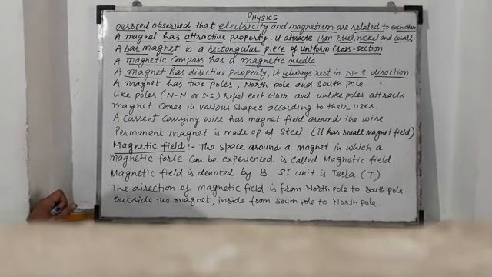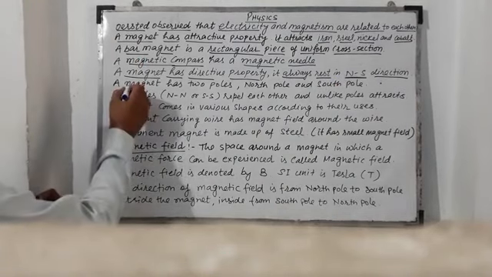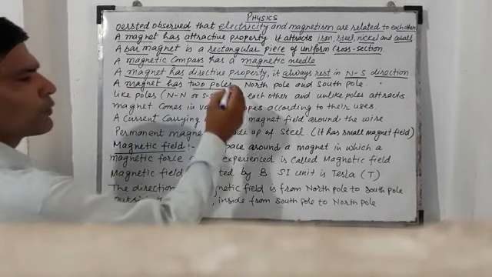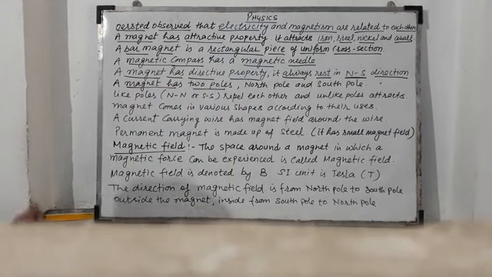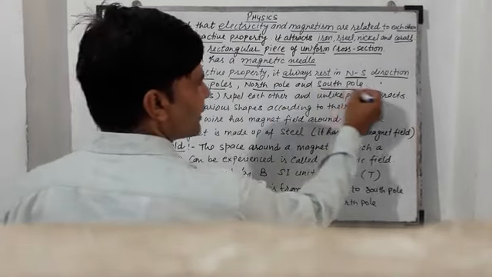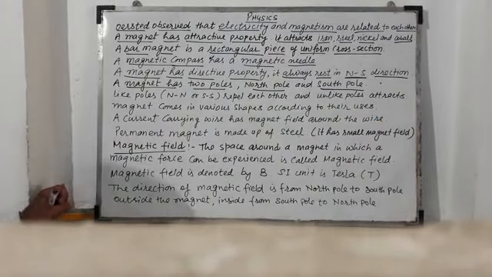Always remember this: a magnet has two poles. One is north pole and another is south pole. A magnet can never exist as a monopole. It means monopoles do not exist.